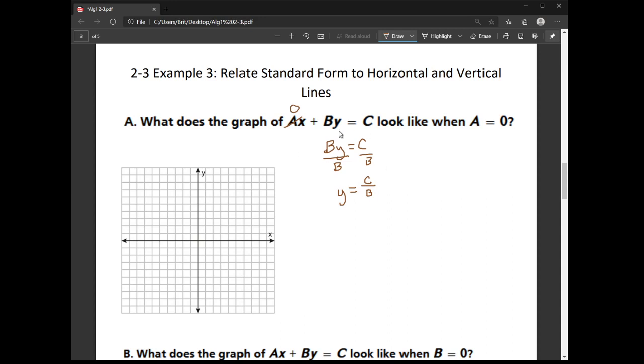Now remember, in this situation, c and b are just numbers, alright? They're like 4 and 13 or something like that. So what's happening is we are getting y equals some kind of number. It could be a fraction, it could be a whole number, it could be a square root if we really wanted to get wild.